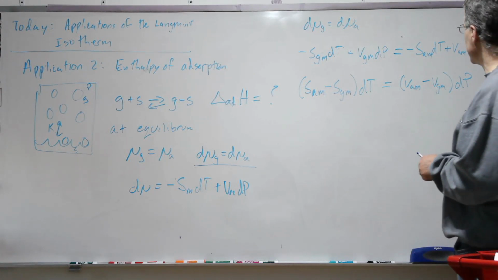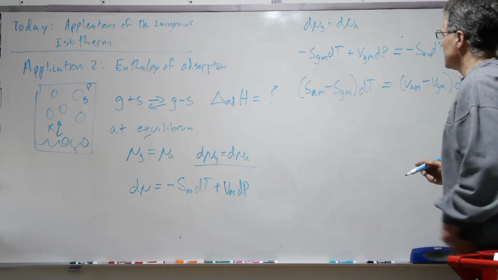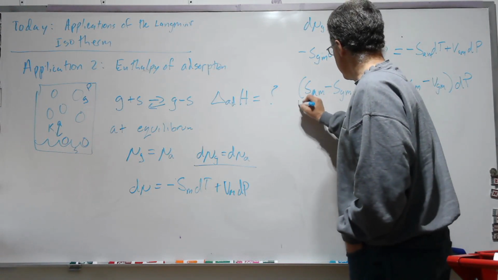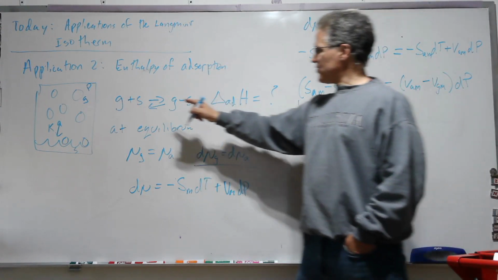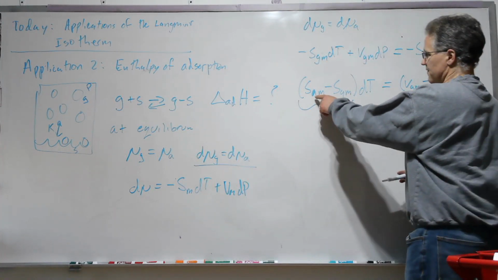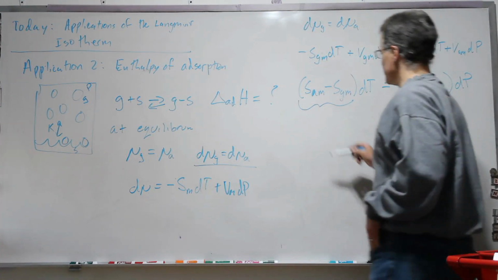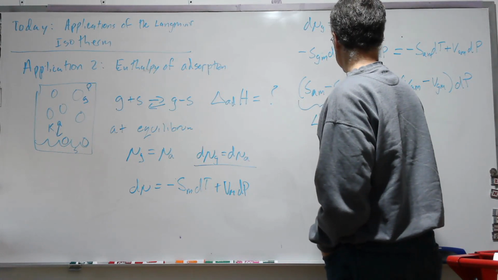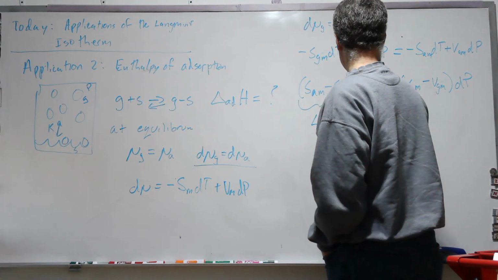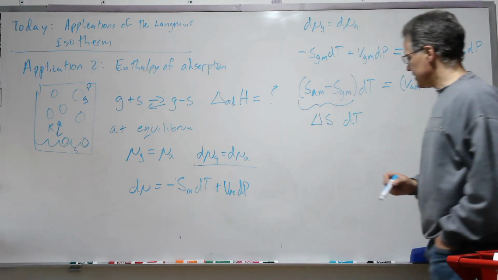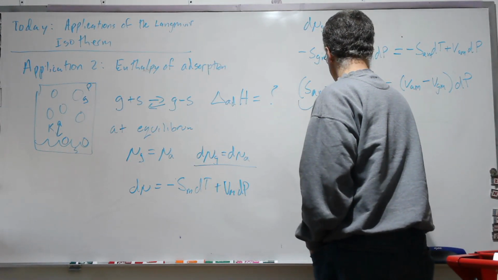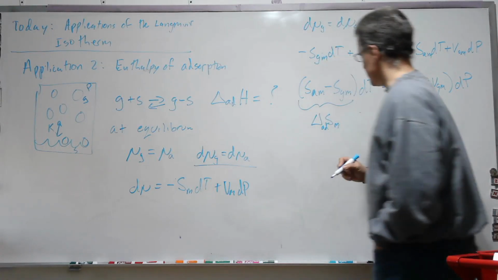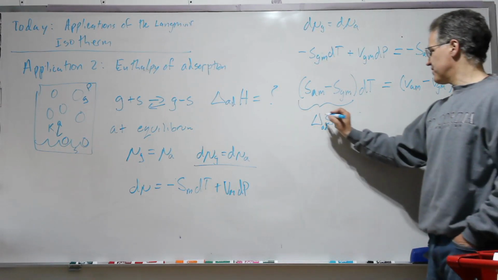Let's see, is that right? Yep. Okay, now as expressed this way, this is final minus initial. So this is delta S. I should write this delta S molar. That's the molar change in entropy for the adsorption.